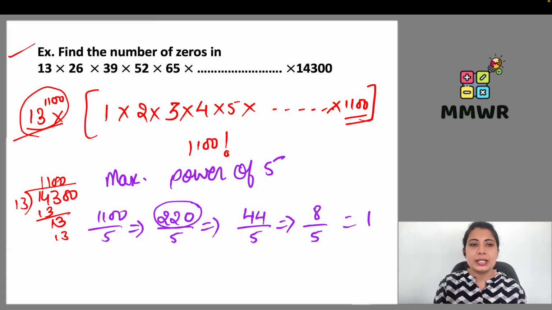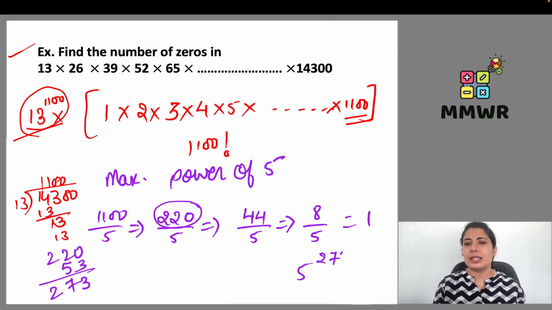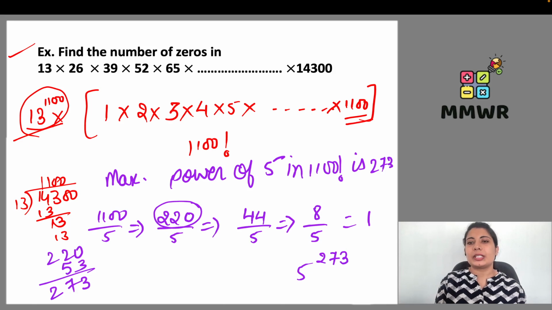So 220, 44 plus 8 plus 1. 44 plus 8 gives me 52. 52 plus 1 is 53. So this gives me 273. So 5 to the power 273 we have. Maximum power of 5 in 1100 factorial is 273.